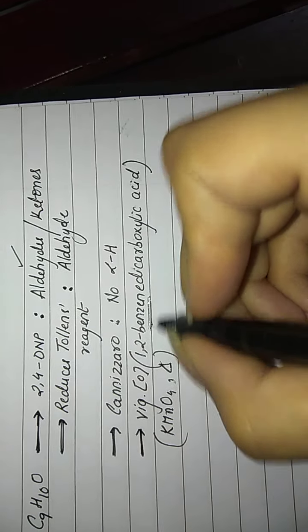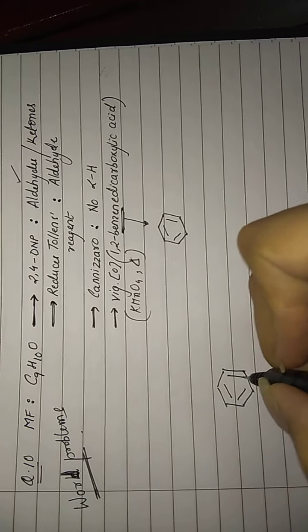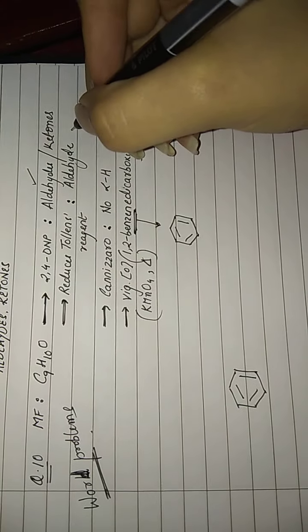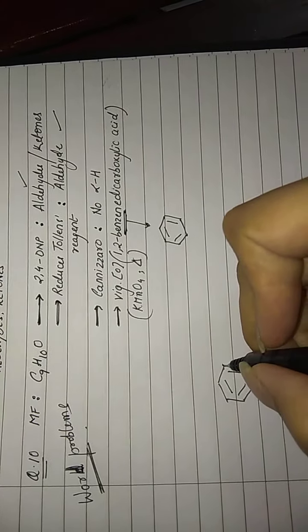Now, what do we conclude from all the information that we have got? First, this compound has a benzene ring. Secondly, it is an aldehyde, so it has a CHO group.